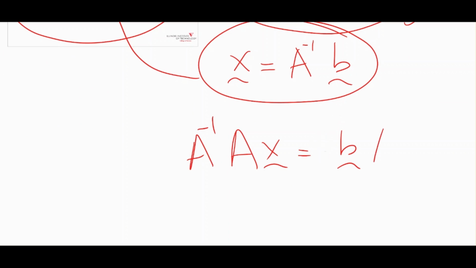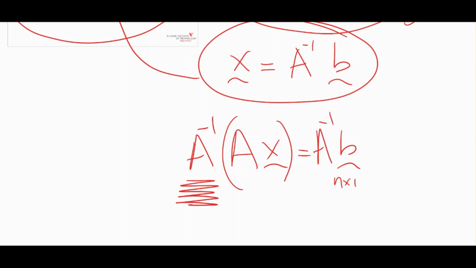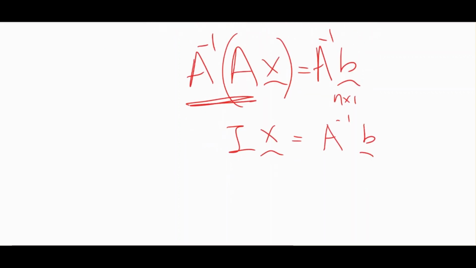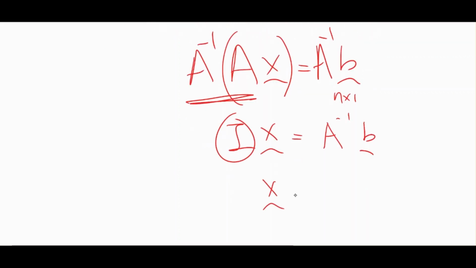Be extra careful though, you can't multiply A inverse on the right here because they are not compatible. This is an n by 1 matrix, this is n by n, so you can't really multiply A inverse there. In matrix algebra, if you multiply something on the left-hand side, you have to multiply on the left-hand side of the other side too. So what happens is that A inverse and A make an identity matrix. That's the definition, right? And then this one right here, multiplied by X, gives you X.